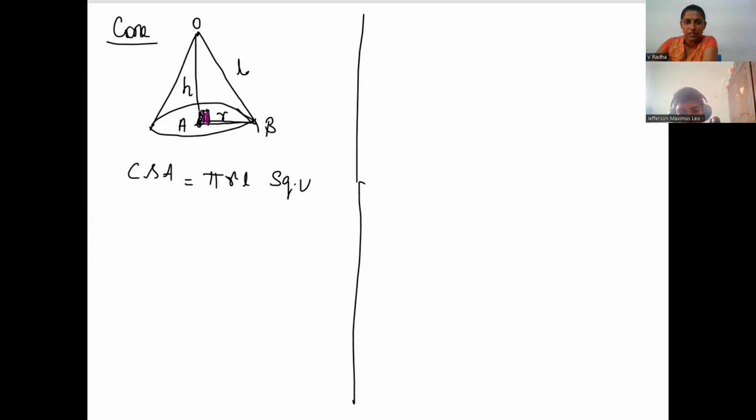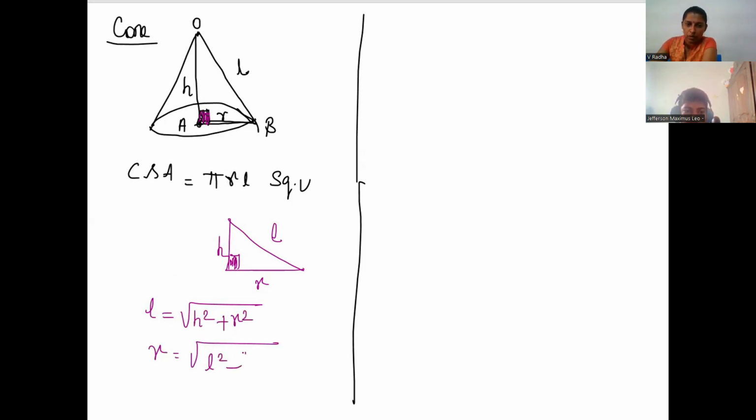So for a right angle triangle, our good concept is Pythagoras theorem. Here this measurement is L, this is H, this is R. Suppose L missing means root of H square plus R square. Suppose R missing means root of L square minus H square. Suppose H missing means root of L square.